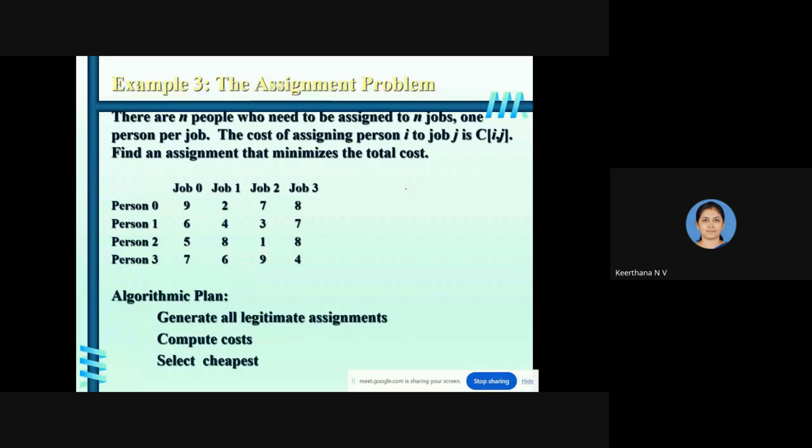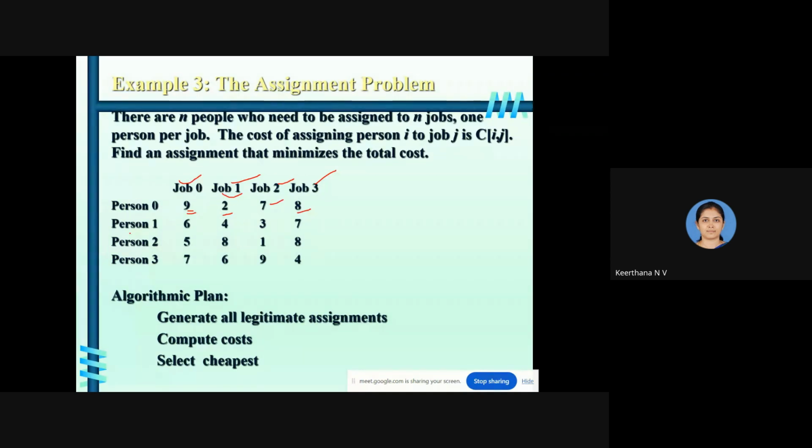Suppose person 0 is performing job 0, job 1, job 2 and job 3 with costs. So person 0 is performing job 0 with a cost of 9 rupees, job 1 with a cost of 2, job 2 with a cost of 7, and job 3 with a cost of 8.